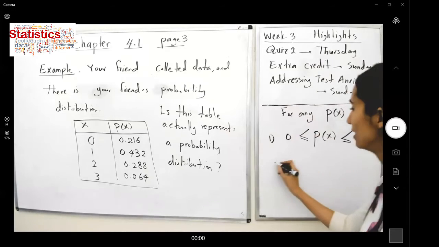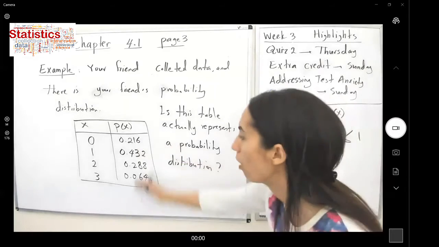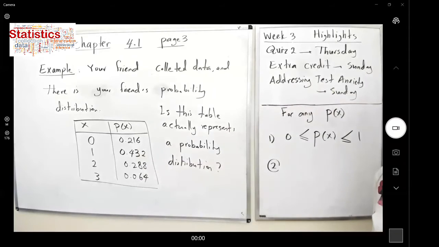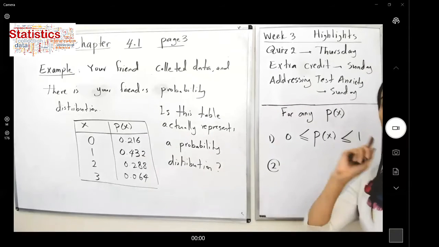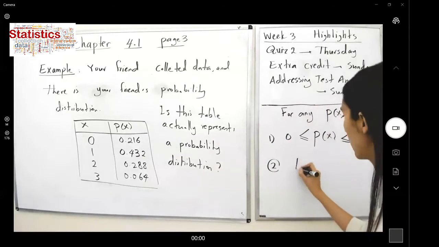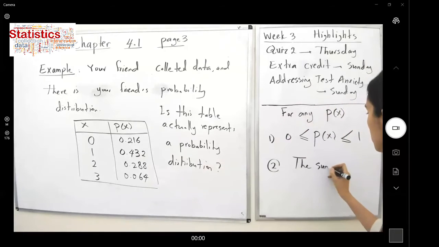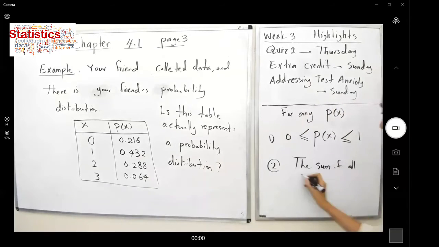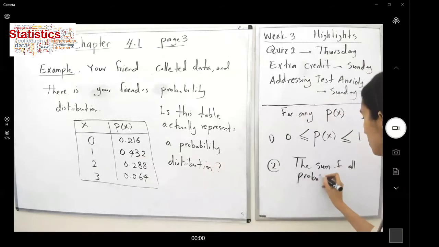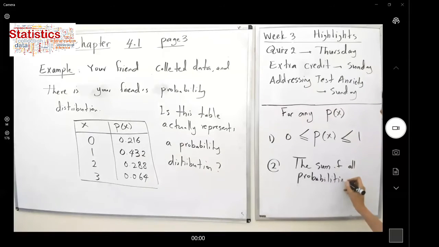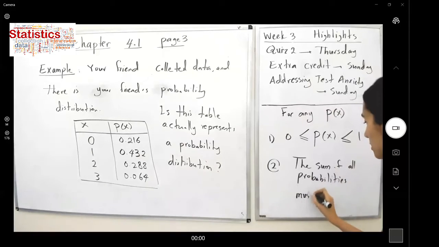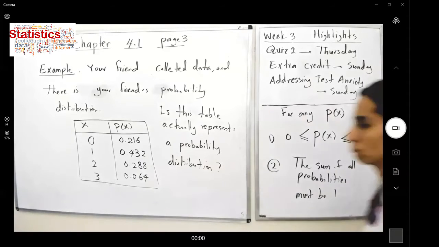And the second one, if you add them all together, the sum of all probabilities must be 1.